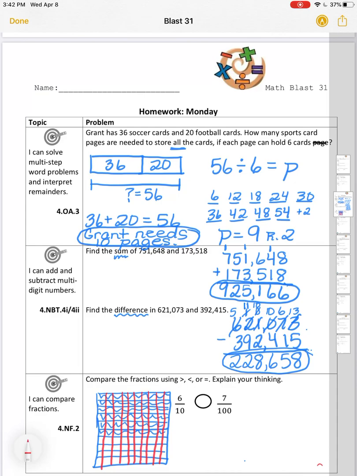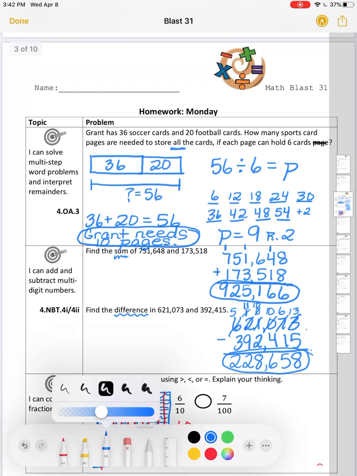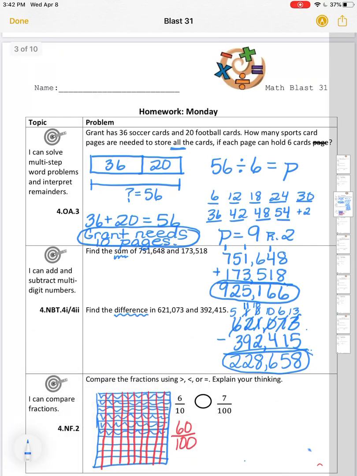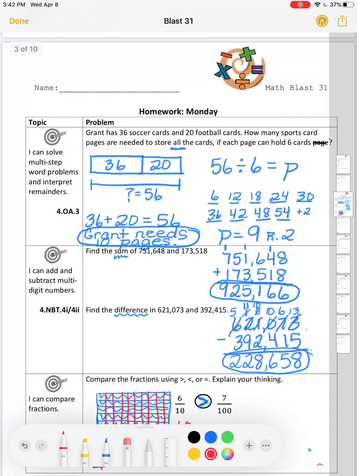And now when we count all of the shaded pieces, those 6 tenths are shown to be 60 hundredths. And so now what we're really doing is comparing 60 hundredths to 7 100ths. And so 60 hundredths compared to 7 100ths would be greater than. 60 hundredths are greater than 7 100ths.